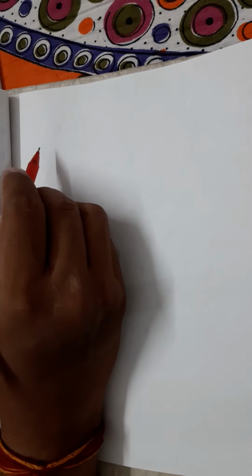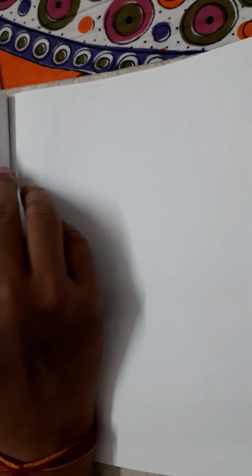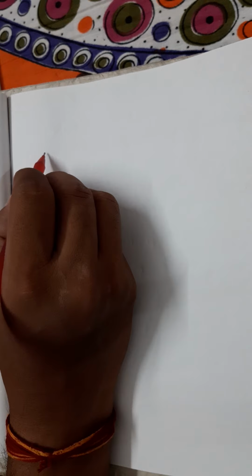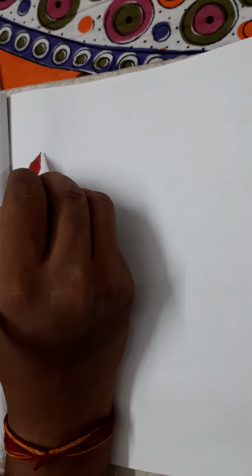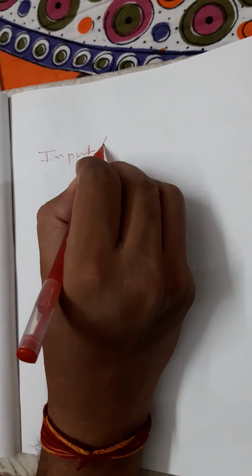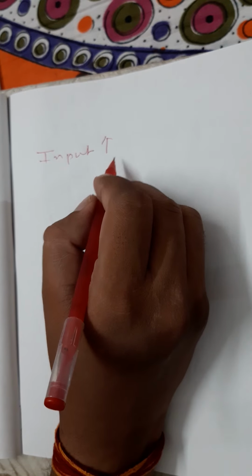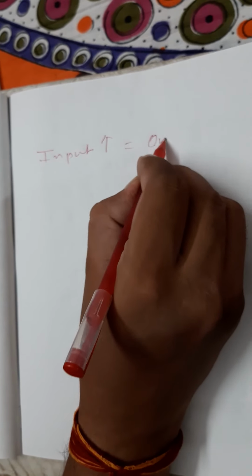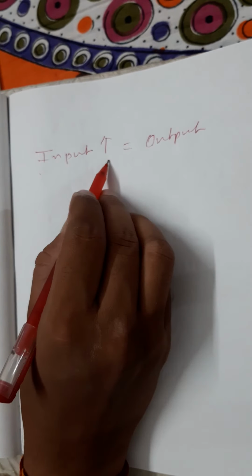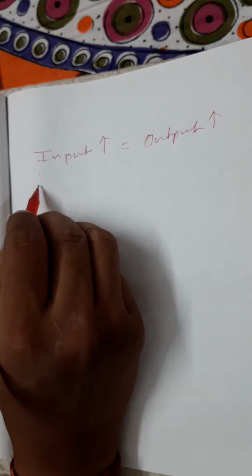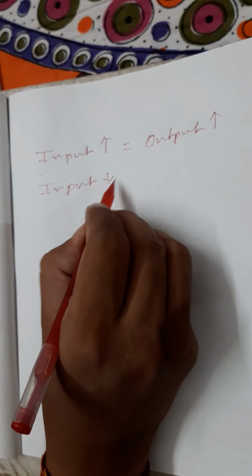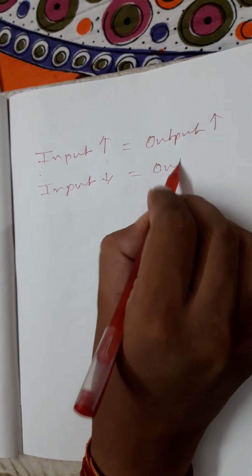Suppose you involve, the more input you put into your business, then you will get output. More input, more output. Less input in the business, then you will get less output.